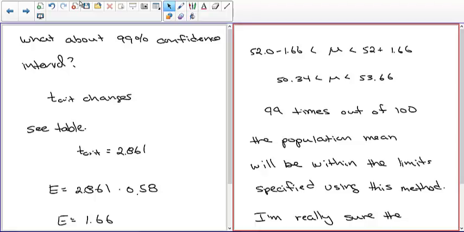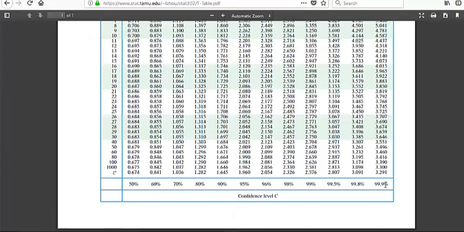If I said 99.9% confidence, I'd be really, really, really sure. Let's see, I'm just going to look at it. If I wanted to go to 99.9%, I'd multiply it by 3.883 instead of 99%, where it was 2.6.